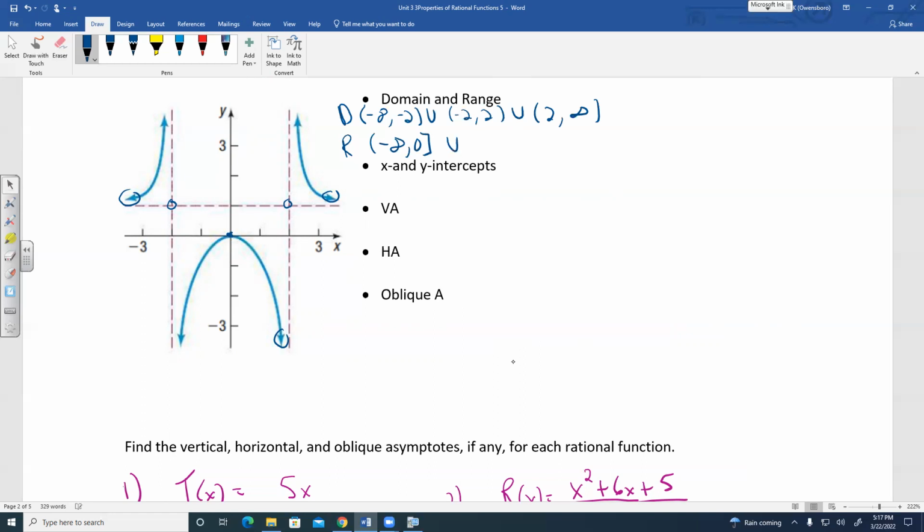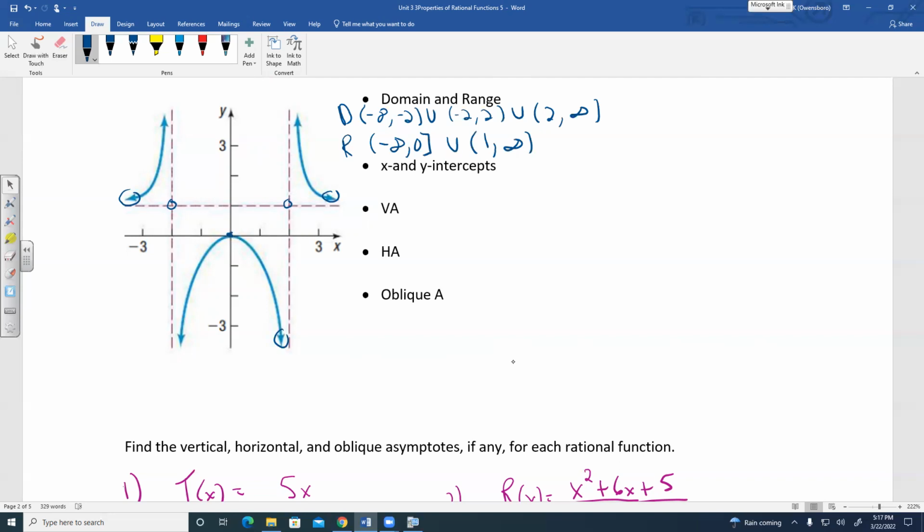In union with, notice here though, the graph doesn't happen again until you get above this horizontal asymptote, which is located at 1. So it looks like the other part of the range is going to be from 1 to infinity. And 1 would not be included because that horizontal asymptote is not being touched. So that'd be my range using interval notation.